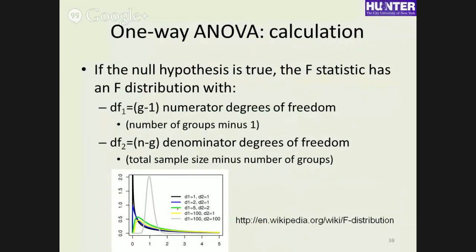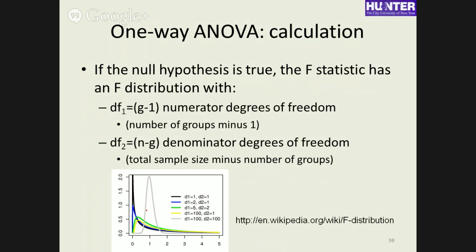This is what the F distribution looks like, and it depends on your so-called numerator and denominator degrees of freedom. The numerator degrees of freedom, so that was your between groups, is your number of groups minus 1, and your denominator is n minus the number of groups. This has to do with the degrees of freedom inside your groups, and this with the degrees of freedom in calculating the standard deviation of the group means.